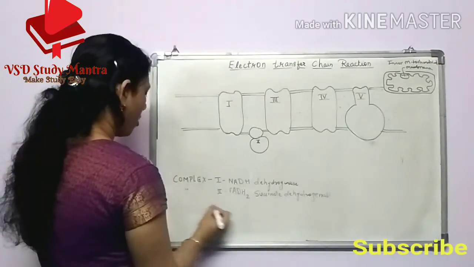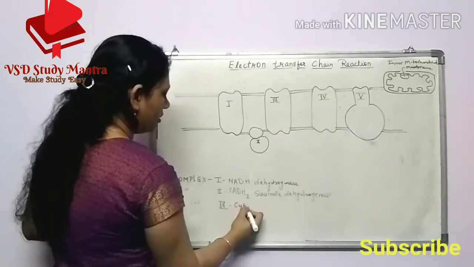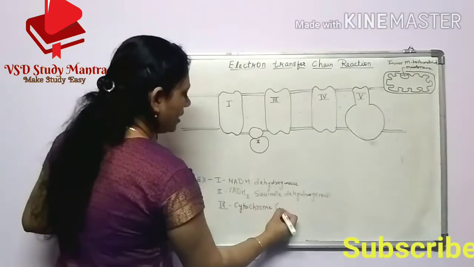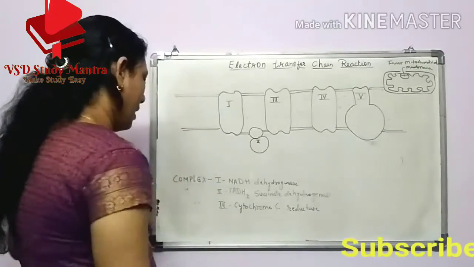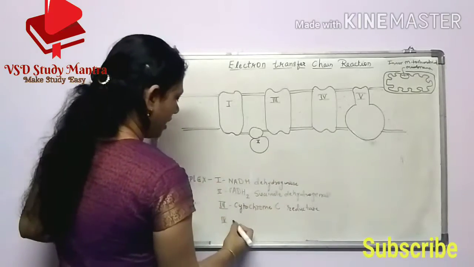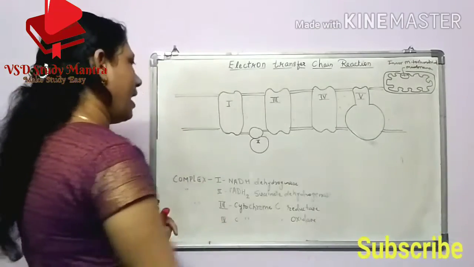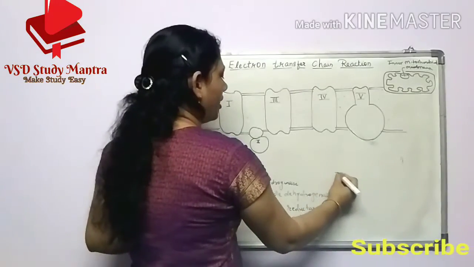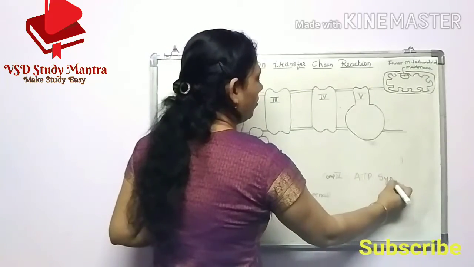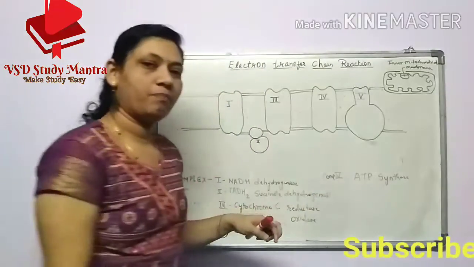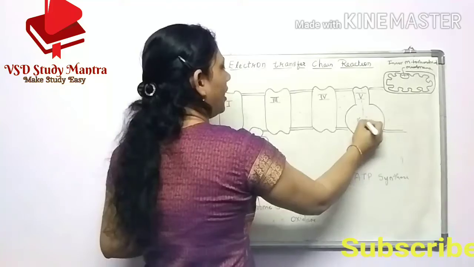The third complex is cytochrome C reductase. The fourth one is cytochrome C oxidase. And the fifth complex is ATP synthase, or synthetase. This is ATP synthase.